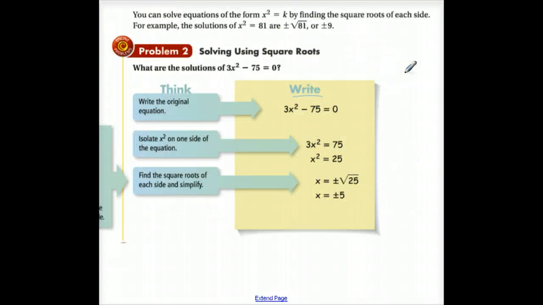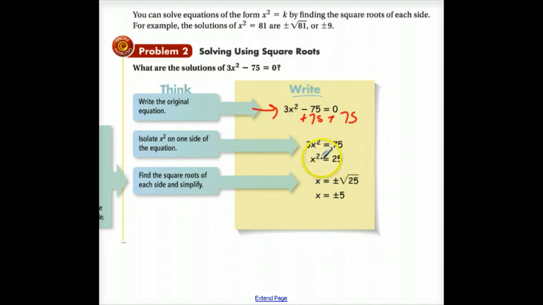The second method is using square roots, which takes less time. I think you'll enjoy it. So you take the equation 3x squared minus 75 equals 0. This time we're not making it a function. We're keeping it as an equation. Get x by itself. So I'm going to add 75 to both sides. I have 3x squared equals 75. Divide by 3. I have x squared equals 25.